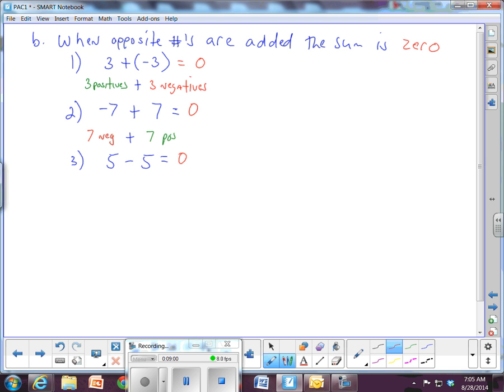All right, 5 minus 5 is 0. But again, what do we have here? The first one is positive, so I'll start with my green. I have 5 positives. You don't see the plus sign there, but this is really 5 positives and 5 negatives. So this is really 5 positives plus 5 negatives.